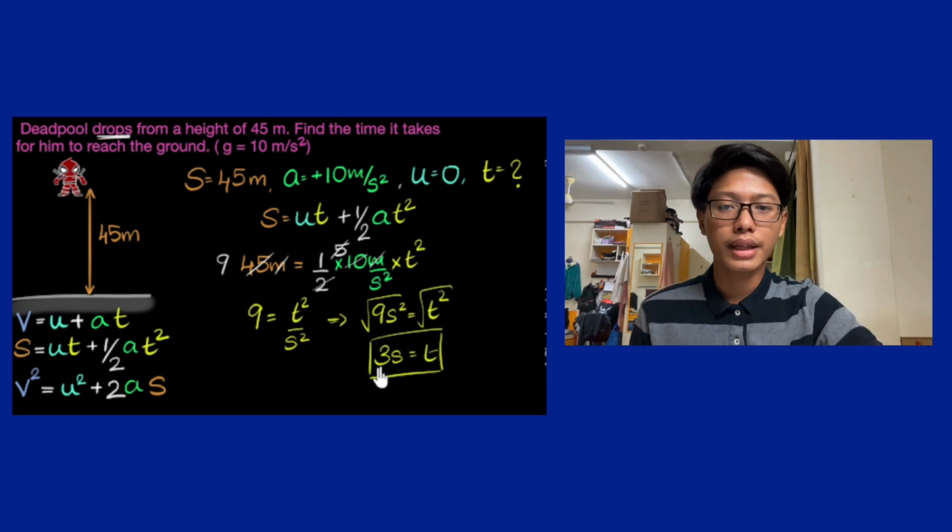So we get 9 equals t squared. Taking the square root of 9, we get t equals 3 seconds. You can use the equation based on the information the question gives you.